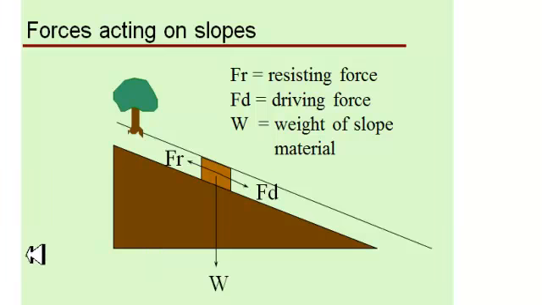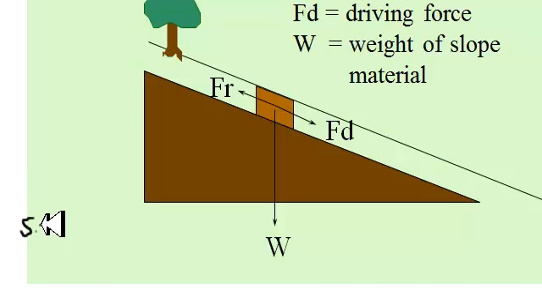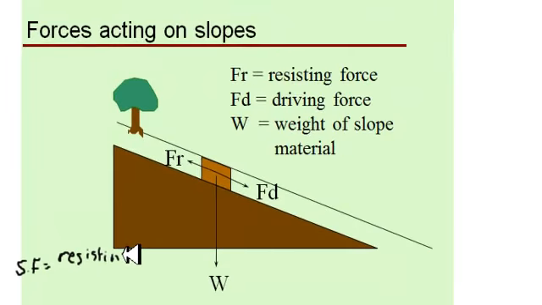So returning to our slope stability diagram here, we can write a ratio that's known as the safety factor. Let's abbreviate it SF, safety factor, that compares the resisting force to the driving force.